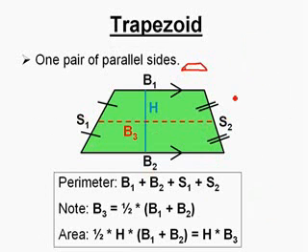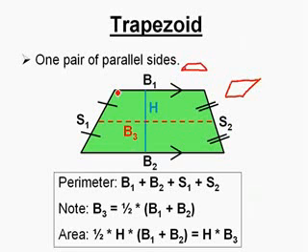It's also possible that you'd have something like this. If the top and bottom are parallel, it's like moving this side, so B1 and B2 not only don't have to be of equal lengths, they can also be offset from each other, and it still is a trapezoid.